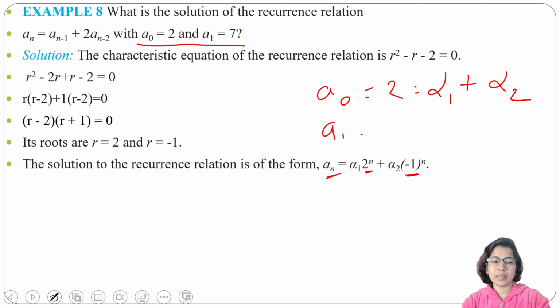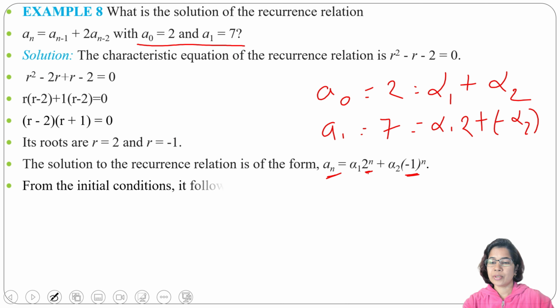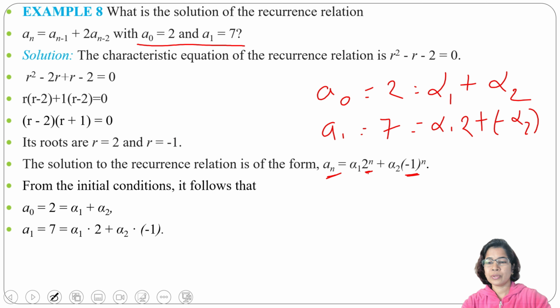Then a1 equals to 7 equals to alpha 1 2 power 1, it is 2 plus alpha 2 minus 1 power 1, so it will be minus alpha 2. So alpha 1 plus alpha 2 equals to 2, and 2 alpha 1 minus alpha 2 equals to 7.